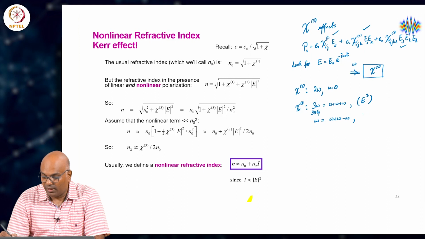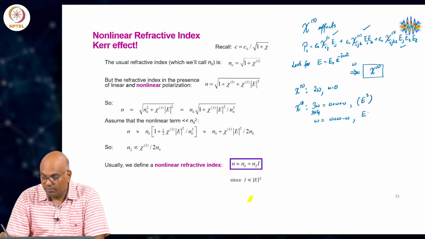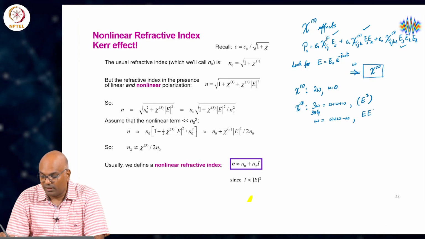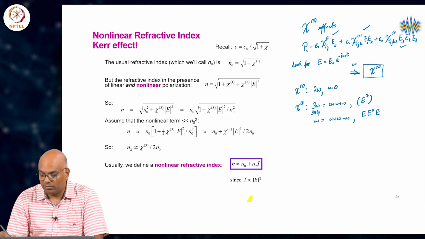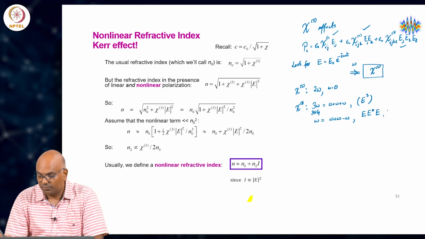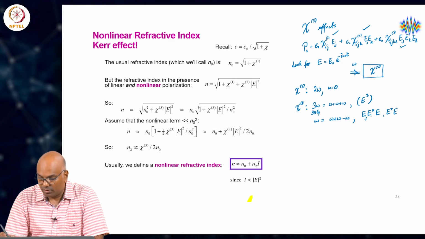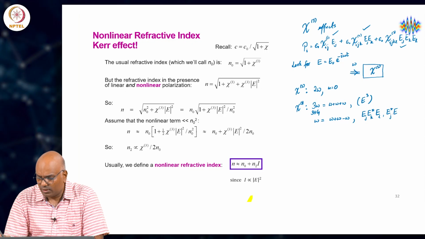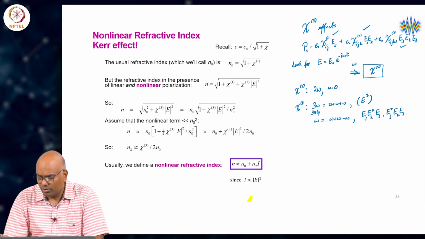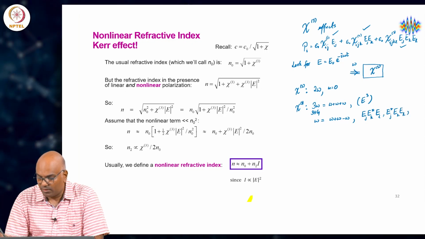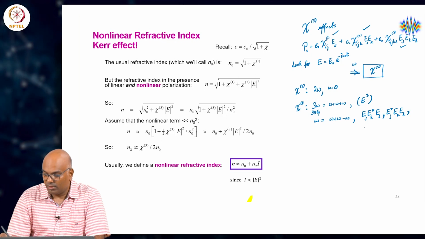This essentially arises out of terms where the triplet contains an E star, E star E, or we can consider other scenarios with E star. I should use these indices to differentiate them, these three fields, right.